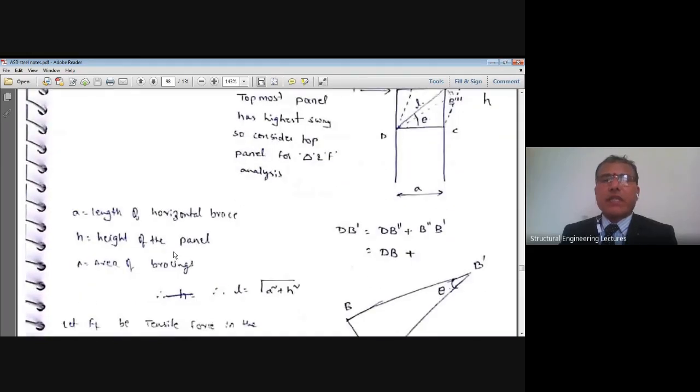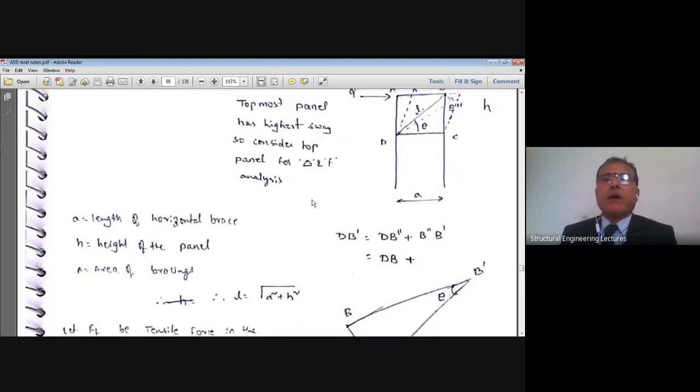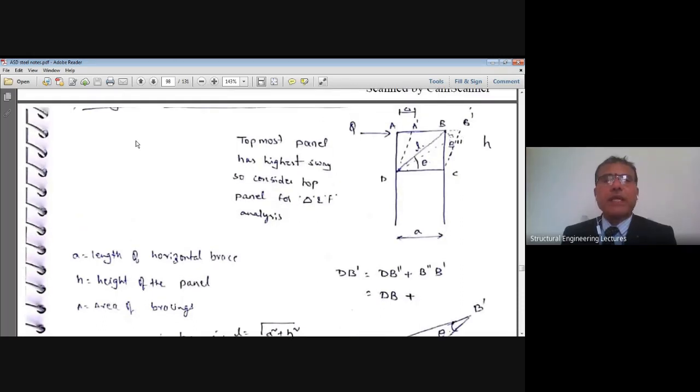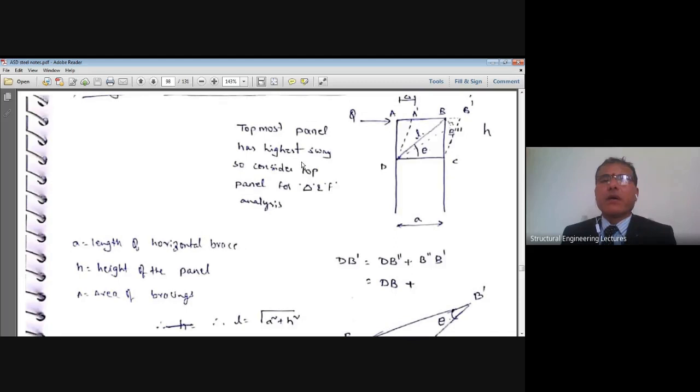Then let us see further analysis of the staging. Now I want to get the sway. The next heading is sway of the staging, total lateral sway. This is how the staging is shown, which is divided into 2 panels, right?